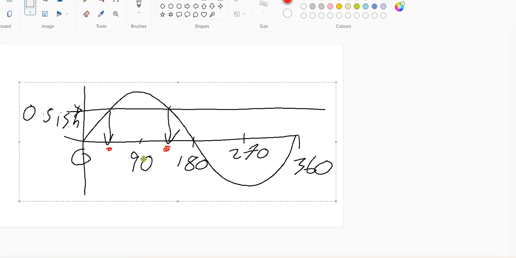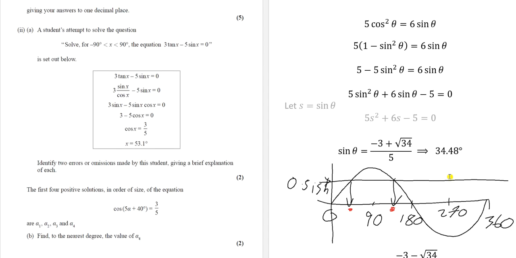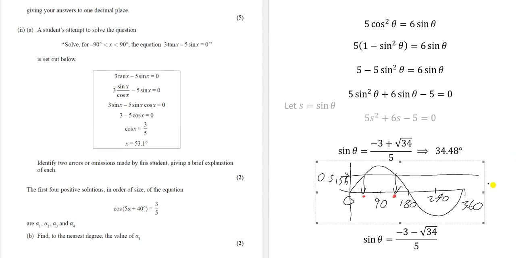We've got symmetry about the 90-degree mark. Another way of saying that is that the two angles will have an average of 90, or they will have a sum of 180, which means I can subtract from 180 and get another valid angle. So that's what I'm going to do here. Use my rough and ready sketch graph to get me an additional solution.